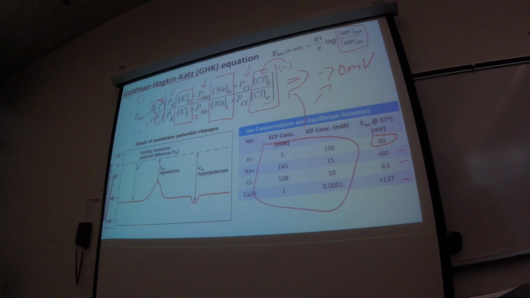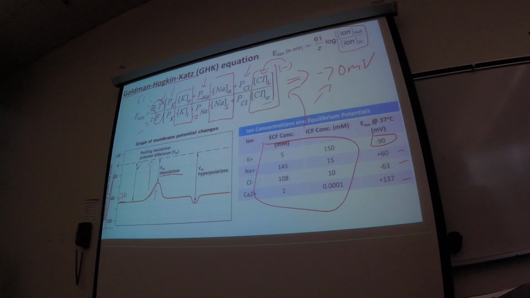Here we have our membrane potential. It normally sits at negative 70. But if you change the permeability, you can increase the permeability. When we do that, we say we're depolarizing the membrane, because we're bringing this value closer to 0. When you have a voltage difference of 0, you have a neutral polarity.